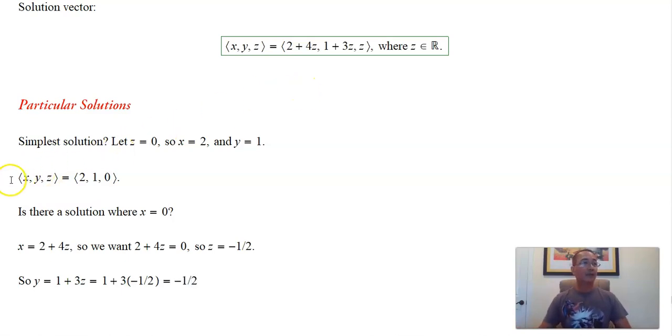So our solution vector will be x, y, z: 0 for x, negative 1/2 for y, and negative 1/2 also for z. Okay, so that's our solution vector. That's interesting. So y and z are the same values.